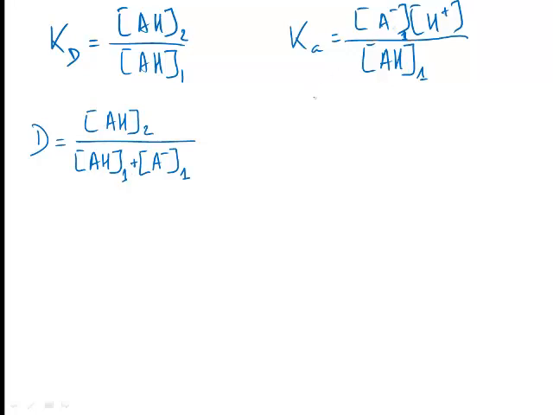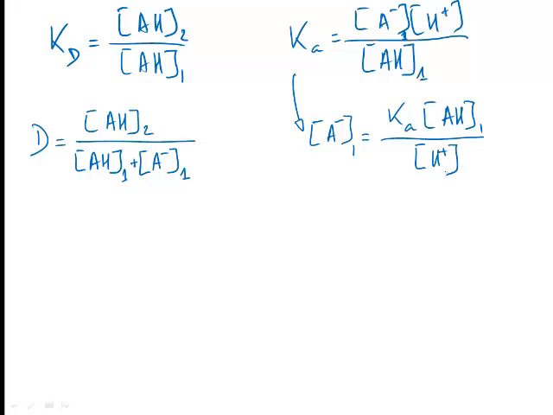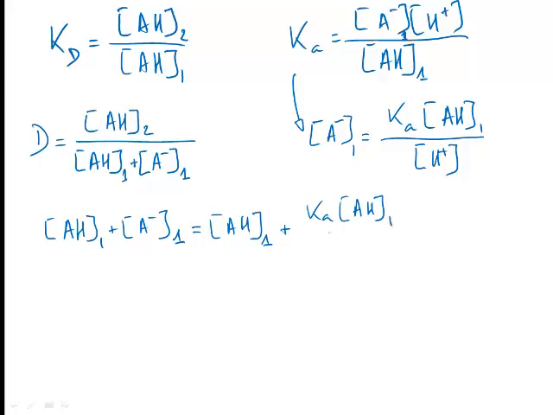Well, the concentration of A minus in phase 1 is equal to Ka AH phase 1 divided by H plus, so that the sum here, the AH phase 1 plus the concentration of A minus in phase 1, can be simplified as AH phase 1 plus Ka AH over H plus.